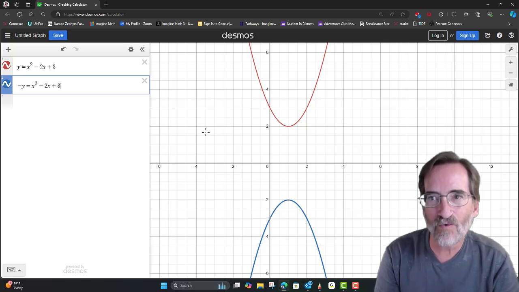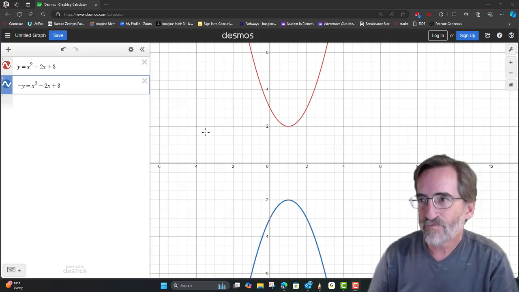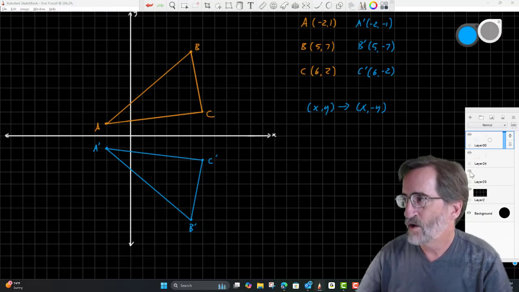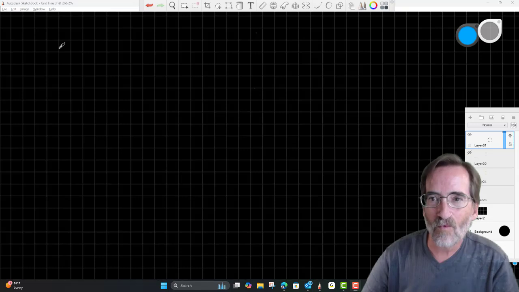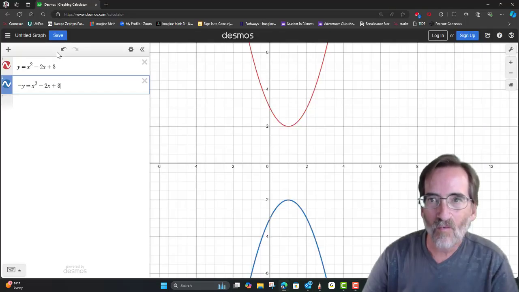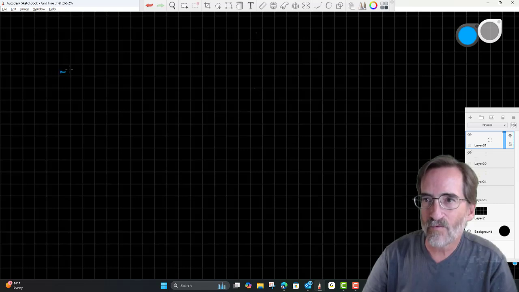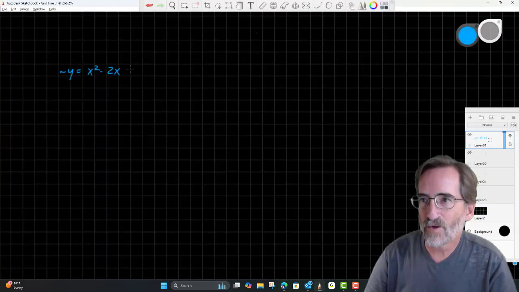x-axis. Now, if you're asked for an equation whose function is this, this is not the form we're going to leave it in. Let's go to a blank screen here. Okay, so we have -y = x squared minus 2x plus 3.